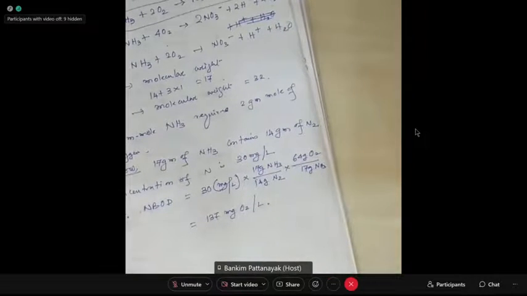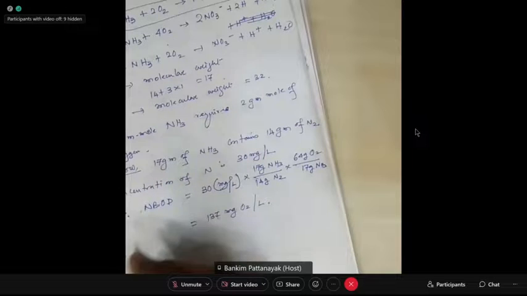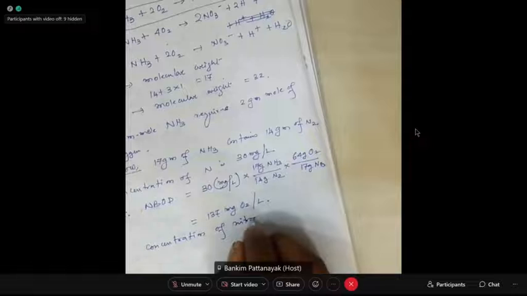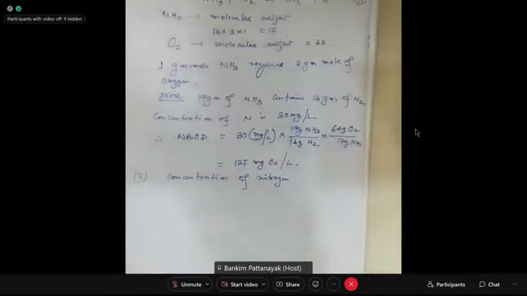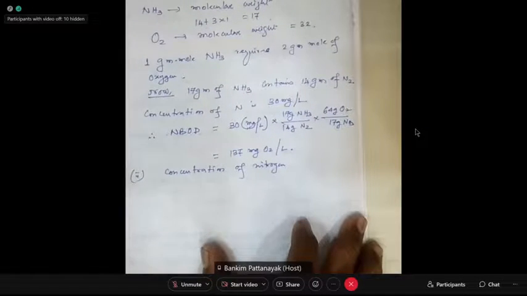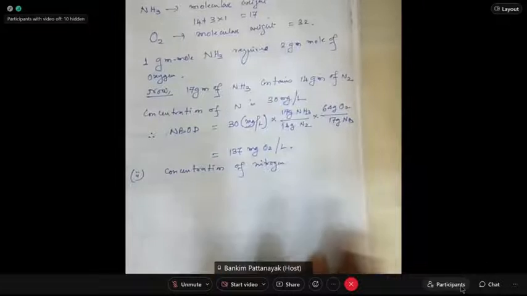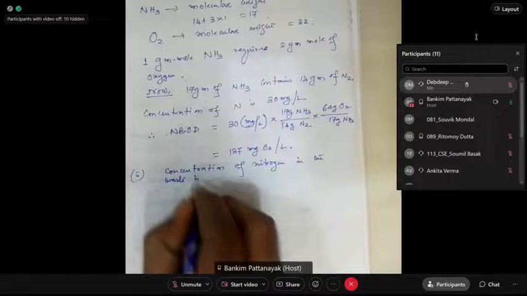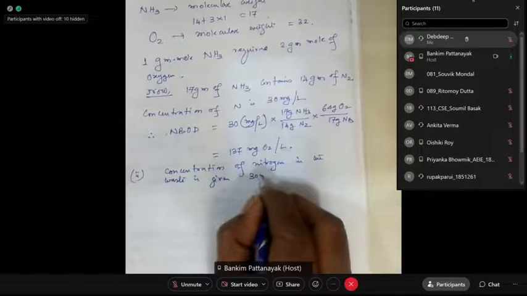Now the concentration of nitrogen in the waste is already given as 30 mg per liter.